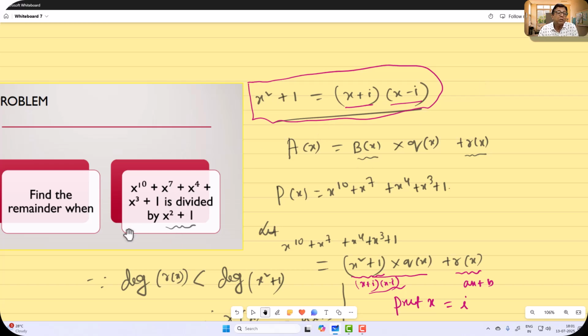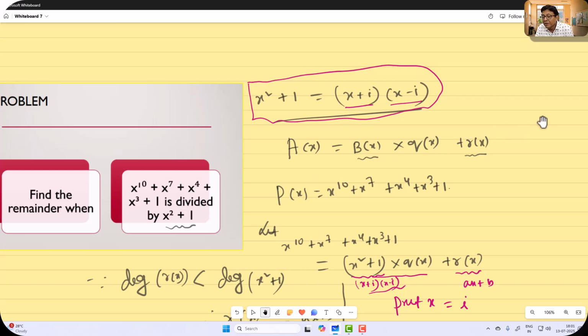So if you put x equal to minus i over there, will it be 0? You can check once. There are 5 terms, pairwise they never get cancelled. And for x equal to i, no, 5 terms are there. So it cannot be equal to 0 when you divide this 10th degree polynomial by this quadratic one.